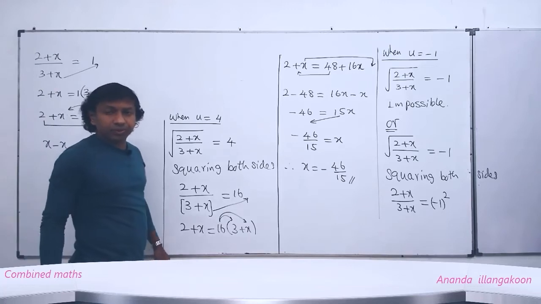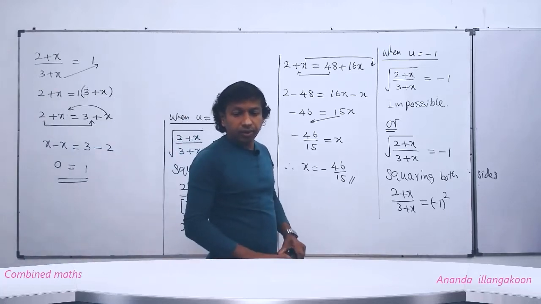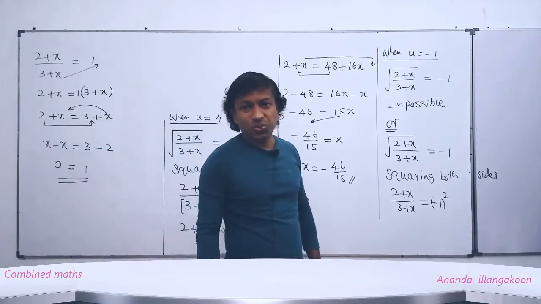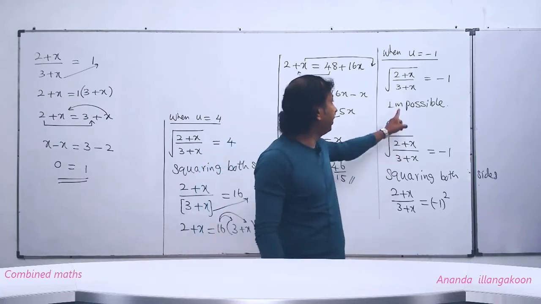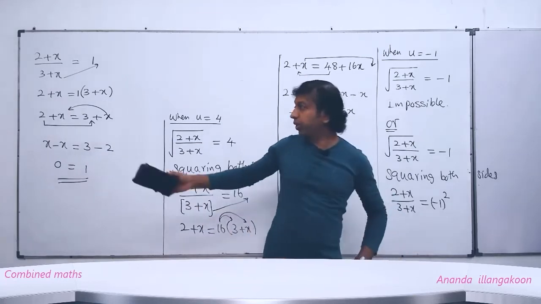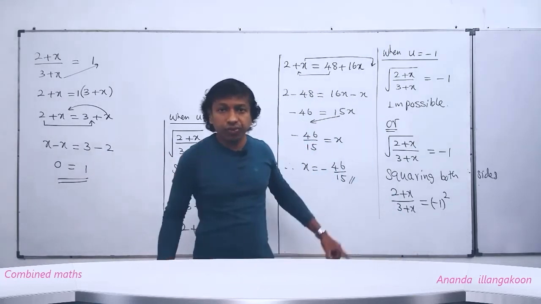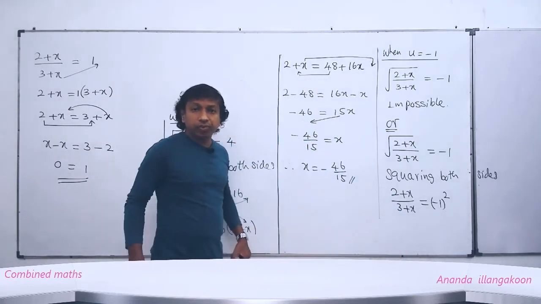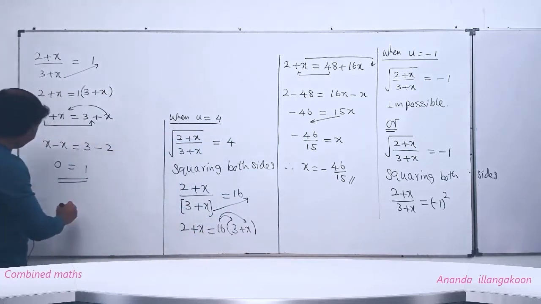Is it possible, people? 0 equals 1, possible? No. Impossible. That is why I said here, this is impossible. That impossibility we can now explain this way. This is impossible. That is why we don't take that u equals minus 1.